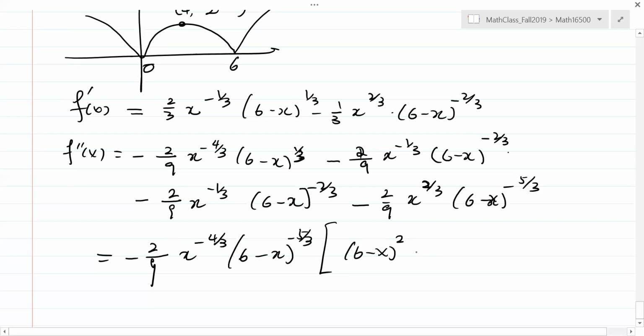Then plus x, 6 minus x. Then we also have the last term. I think that's it.